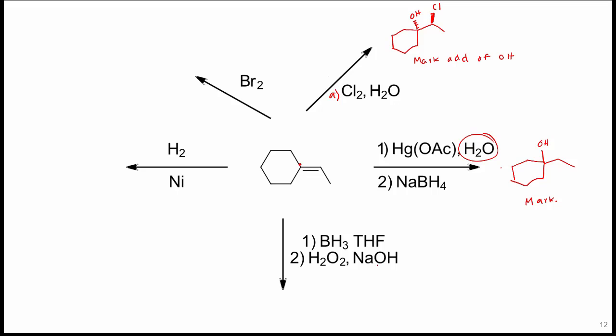And the BH3 is going to be our reagent that reverses the regiochemistry. So if you want your alcohol on the less substituted position, that is when to use BH3.